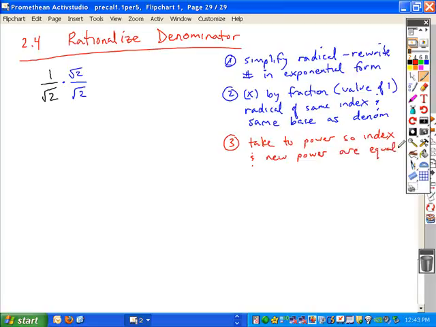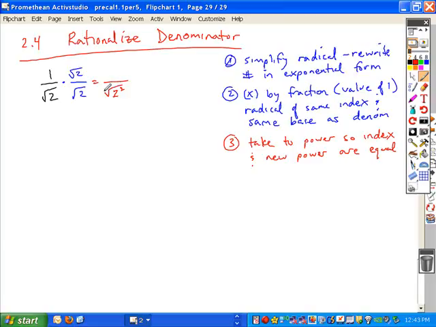Okay, so I'm going to come back to this step in the next example. Okay, but this red step here mostly applies to an index that is something other than 2 or other than a square root. Okay, so here when you look at this, take it to a power so the index and the new power are equal. When we multiply across the bottom here, really what we're looking at is what's 2 times 2? It's 2 to what power?